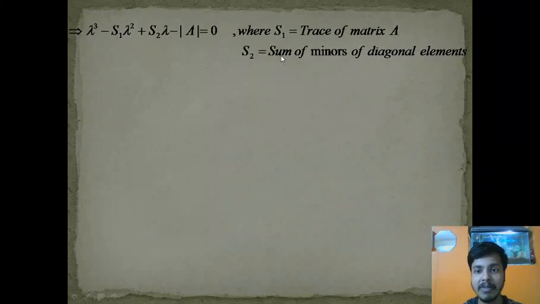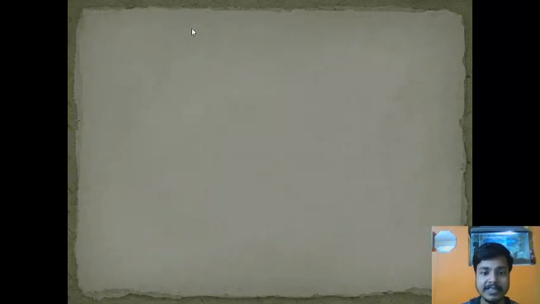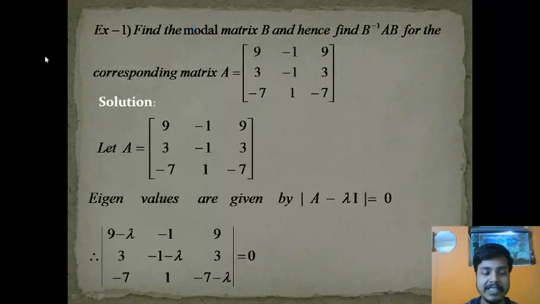S2 is the sum of the minors of the diagonal elements. And the last term is the determinant of the matrix. One remark: every such equation follows alternate plus and minus signs. So our objective is to find the trace of the matrix, the sum of the minors of the diagonal elements, and the determinant of matrix A. Let us go back to the previous slide and see how to get these values.